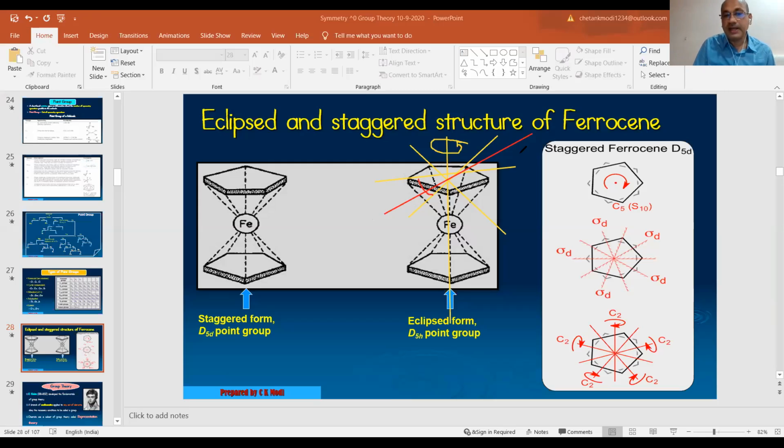So there are 5 sigma d planes present, plus sigma h is also present. This is sigma h. So here the point group is D5h. Now all the symmetry elements present in the eclipse form are present in the staggered form except sigma h, which is absent.